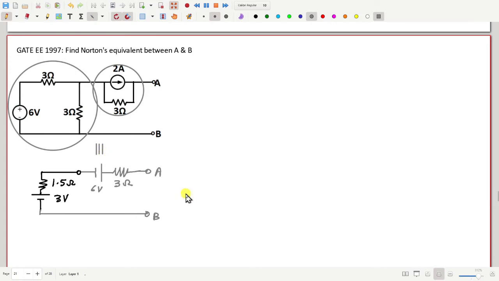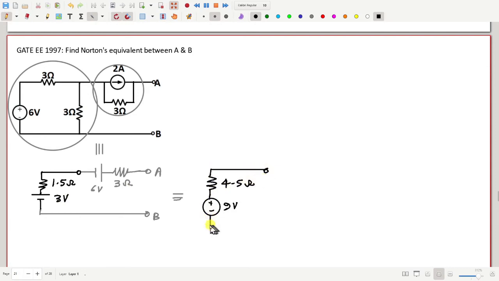So this is equivalent to 9 volt in series with 4.5.